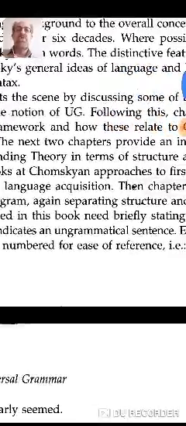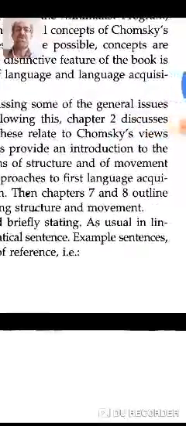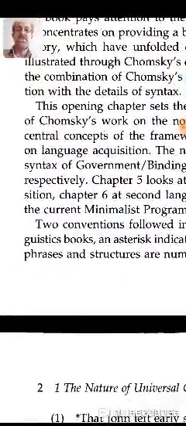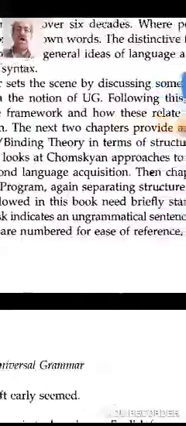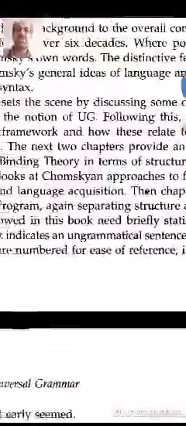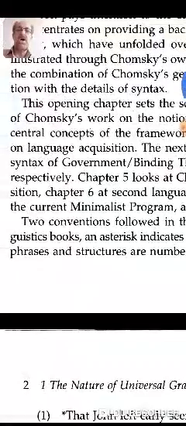Following this, chapter 2 continues the discussion and discusses, as the book says, the central concepts of the framework and how these relate to Chomsky's views on language acquisition. So we want to study chapter 1 and then chapter 2 up to now. What about other chapters? We have to wait.